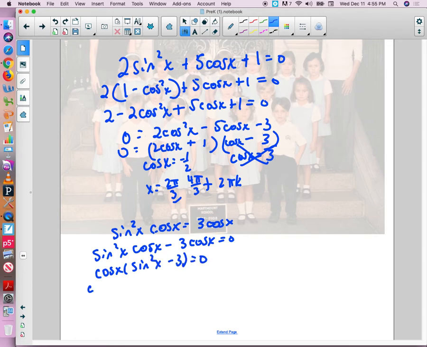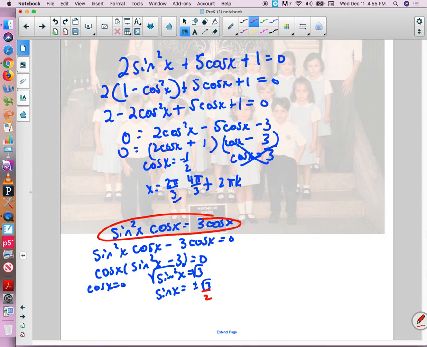And then you'd find where cosine is 0 and where sine squared x equals 3, which you square root. And that one that I made up is actually impossible. But if I thought about it a little bit more, maybe you would have ended up with square root of 3 over 2 to find some more answers. But the big word of warning there is subtract it over, don't factor it.